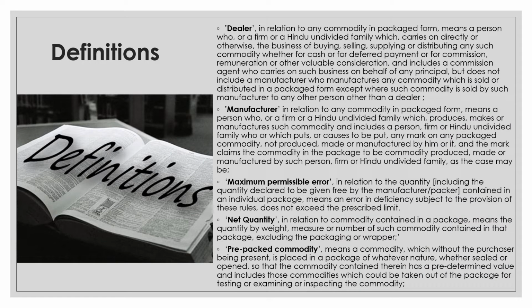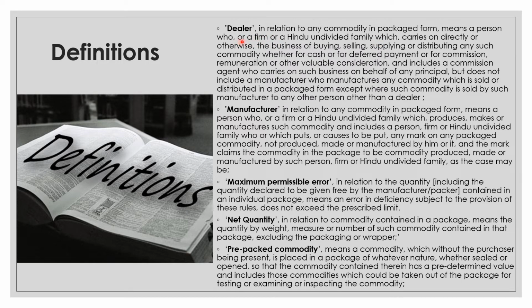Let us have a look at some of the definitions. First one, dealer. Dealer in relation to any commodity in packaged form, I mean the packaged commodity, means a person, or a firm, or a Hindu undivided family. So these three are called persons.